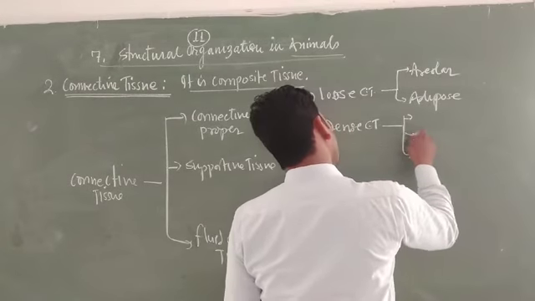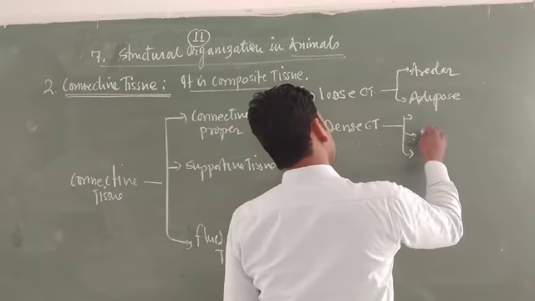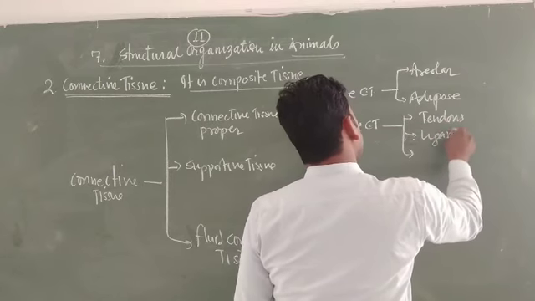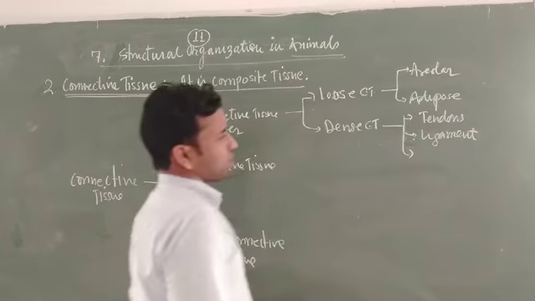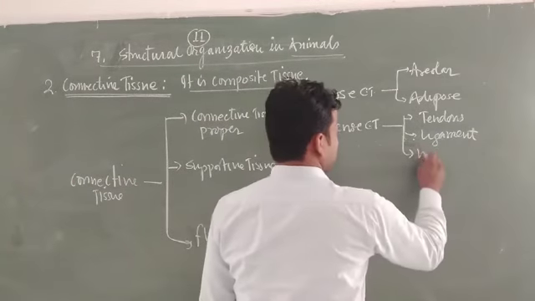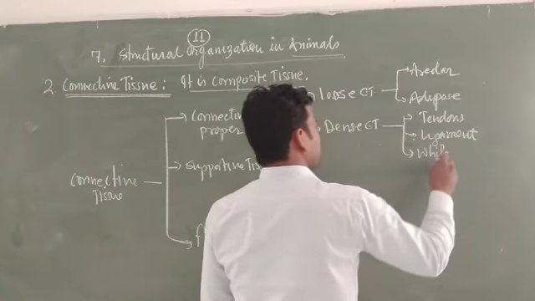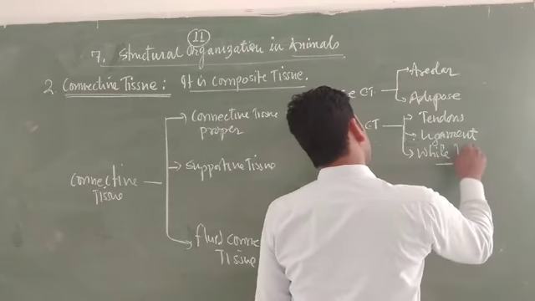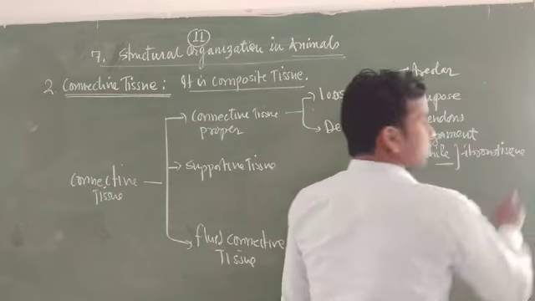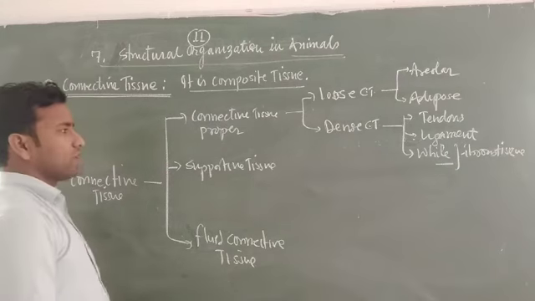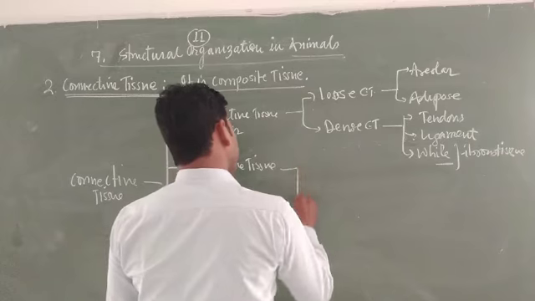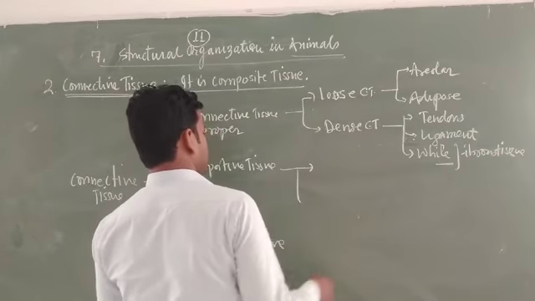First is tendon, second is ligament, and third, also an important tissue, is called white fibrous tissue. So this one is a dense connective tissue that is present in the body. Now, what is their location? We will discuss them one by one, students.